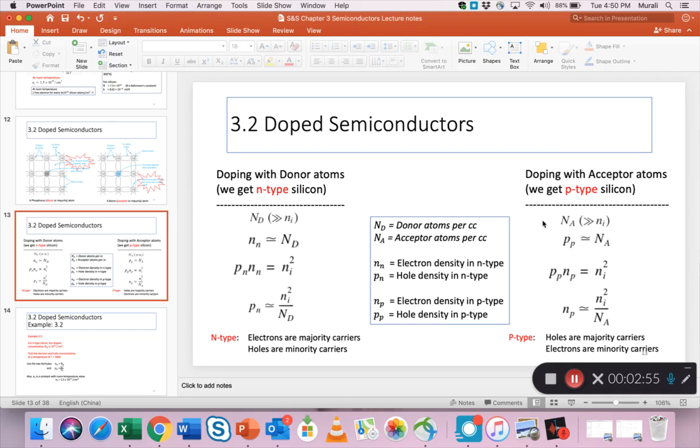We say that the number of donor atoms per cc that are being provided by the dopant or the doping material, we represent by Nd, which is the density of the donor atoms. Similarly, if the dopant is p-type, with acceptor atoms, then we call it Na.